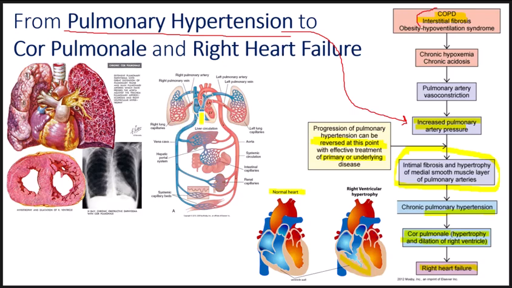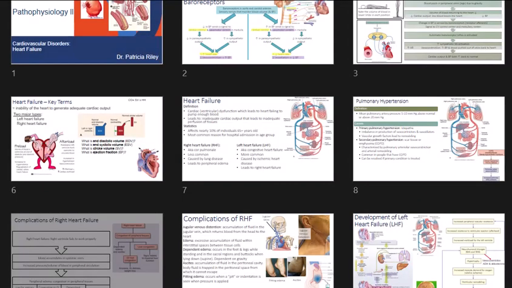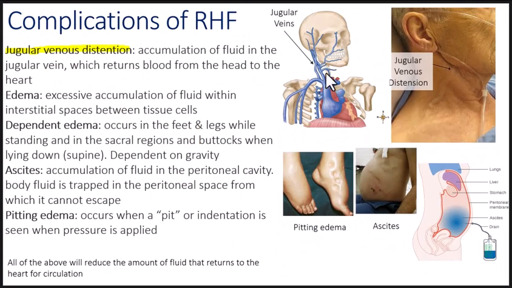And when it backs up, one of the things that can be seen is a backup into the superior vena cava here. And it can back up into an extension of the superior vena cava called the jugular vein. And it backs up into it and causes it to distend. So let's look at that here. It causes the jugular veins to distend, and we can see that here.